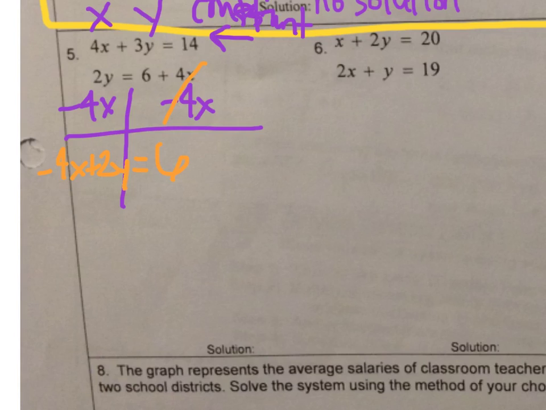So now we have 4x plus 3y equals 14 for our first equation, and negative 4x plus 2y equals 6 for our second. So let's go ahead and rewrite those.